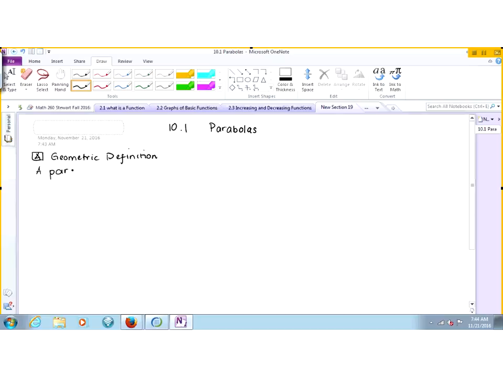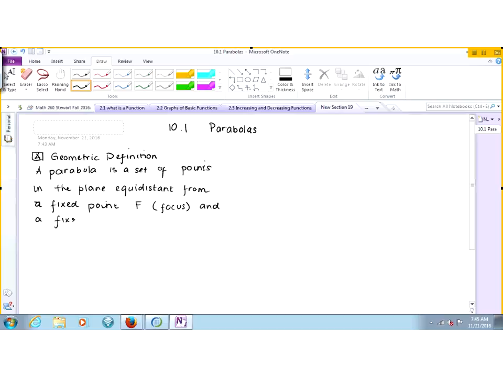So a parabola is a set of points in the plane equidistant from a fixed point F, and F is called the focus, and a fixed line L, which is called the directrix.